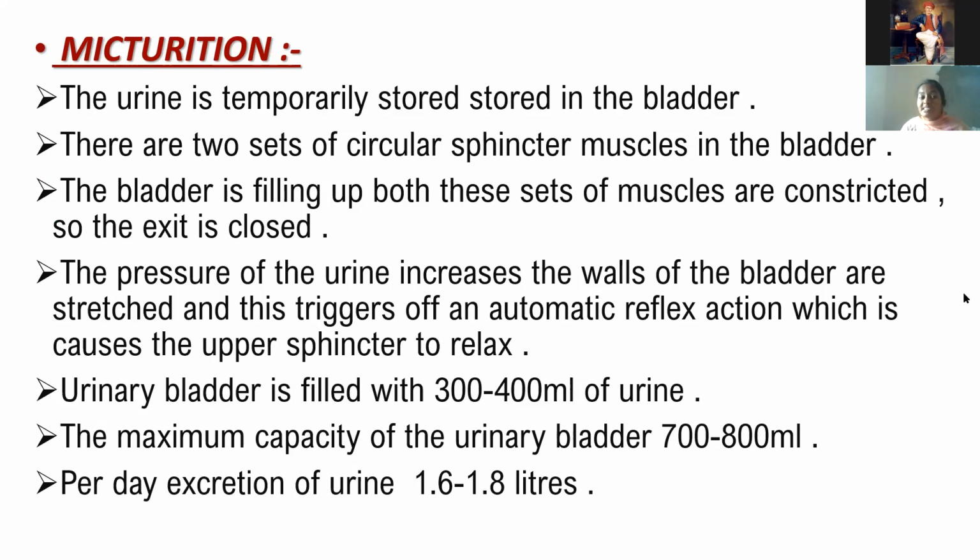It has two sets of circular sphincters. When the urine is filled up, both sets of muscles are constricted, that means the exit is closed, and the other muscles are relaxed.